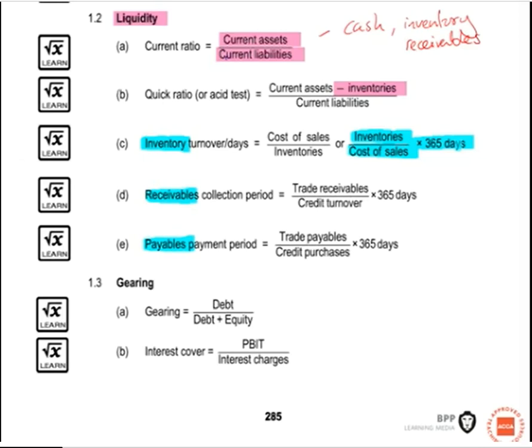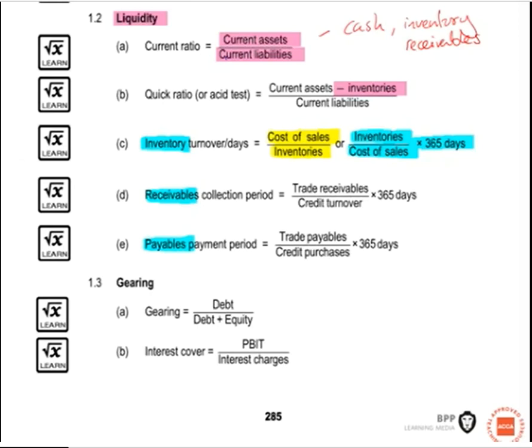That tells us on average how many days it's sitting in the warehouse. Alternatively, we could look at our inventory turnover by dividing our cost of sales by our inventory, to see how many times we're using that inventory up during one accounting period.